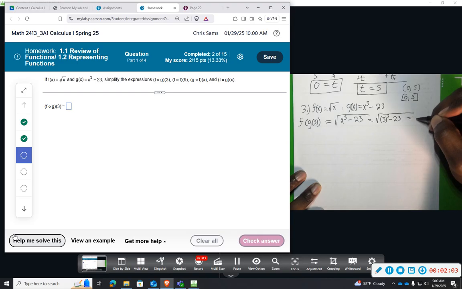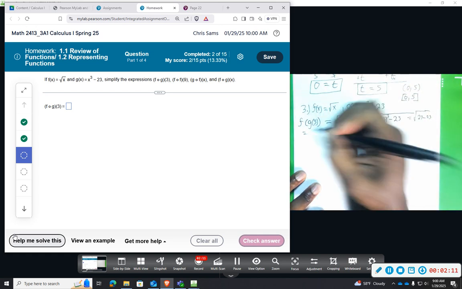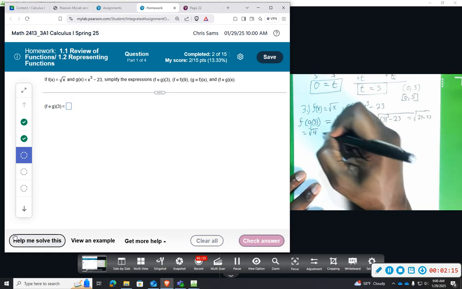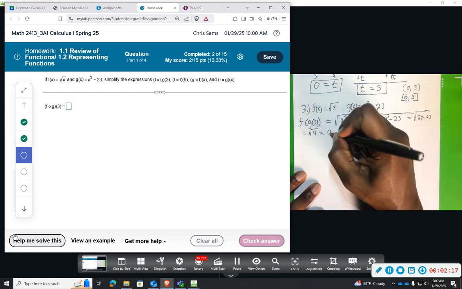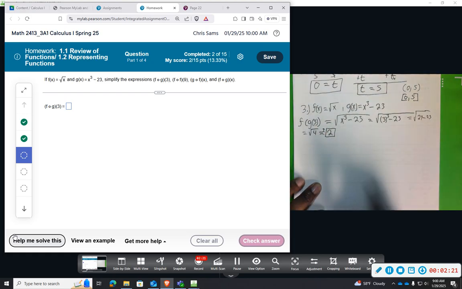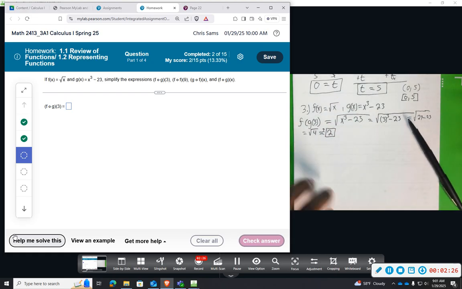So this is going to be the square root of 27 minus 23, and 27 minus 23 is going to be the square root of 4. And the square root of 4 is just equal to 2. Now we should be remembering plus or minus 2, but I think they're just accepting the 2 for right now. But do remember, when you do the square root of a number, plus or minus.